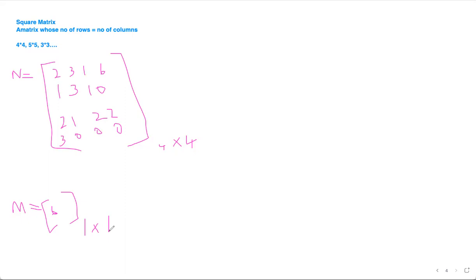So now, going by this, we know zero matrix, we know square matrix, right? Let us see identity matrix or unit matrix.